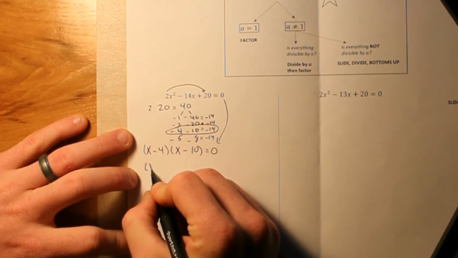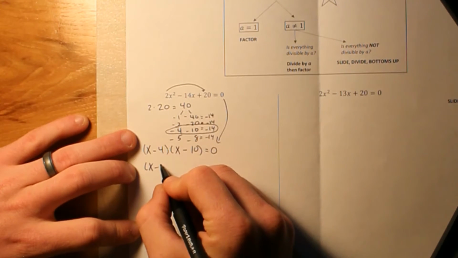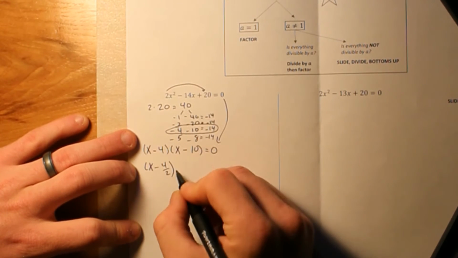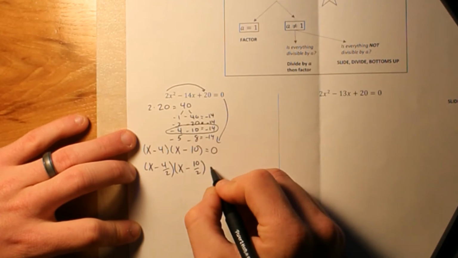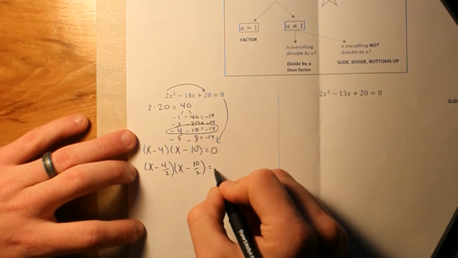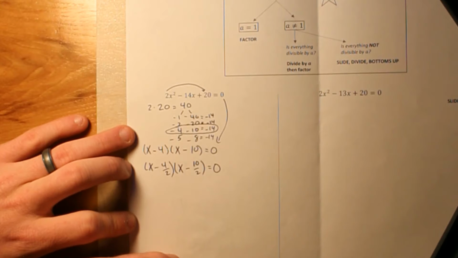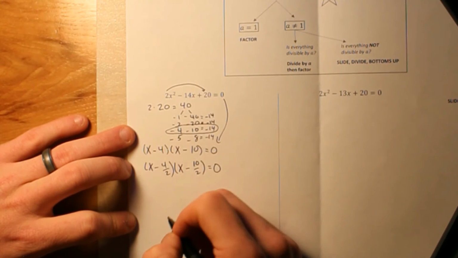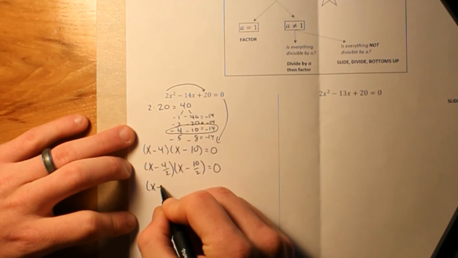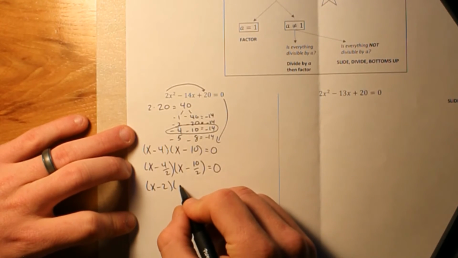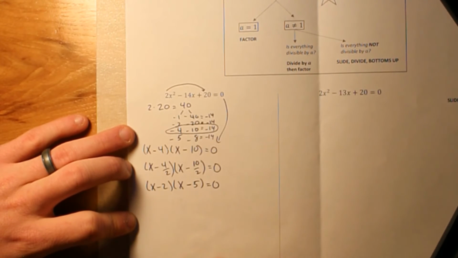So I have x minus 4 over 2, x minus 10 over 2 equals 0. Then I simplify these as much as possible, and that would be x minus 2, x minus 5 equals 0.